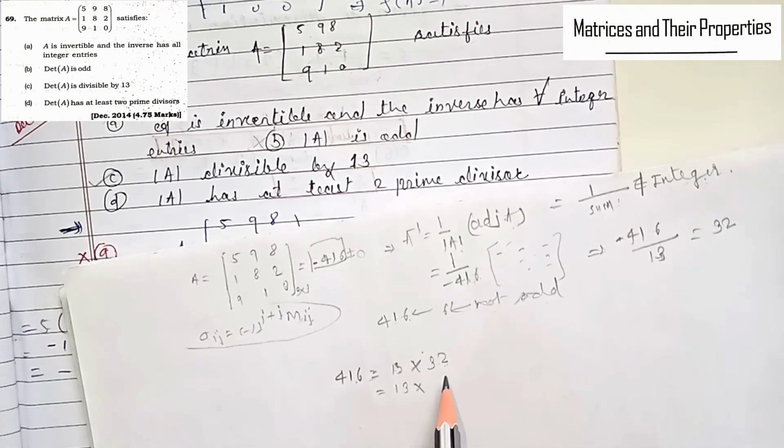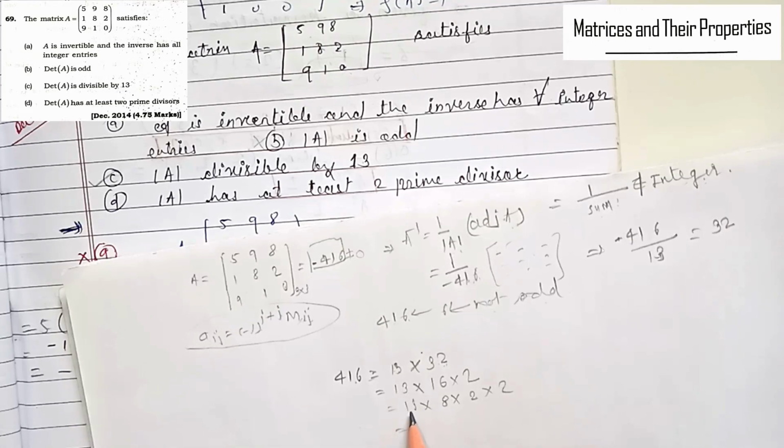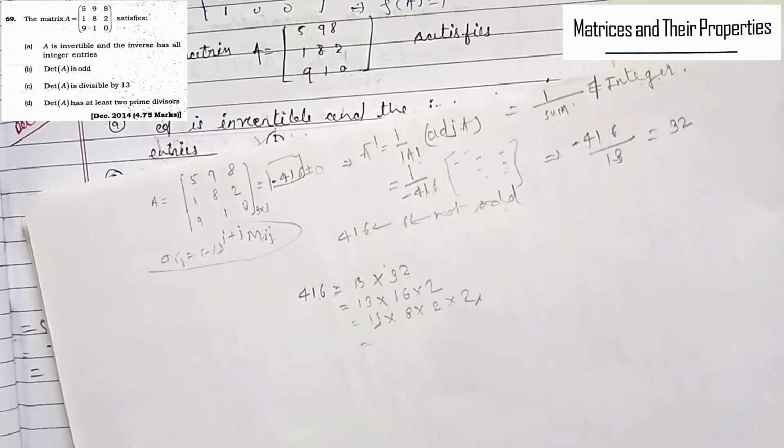We can write 32 as 16 multiplied by 2, again 8 multiplied by 2 multiplied by 2, and again 2 multiplied by 2 multiplied by 2 multiplied by 2. So you got two numbers here, 13 and 2, which are at least 2 prime divisors.